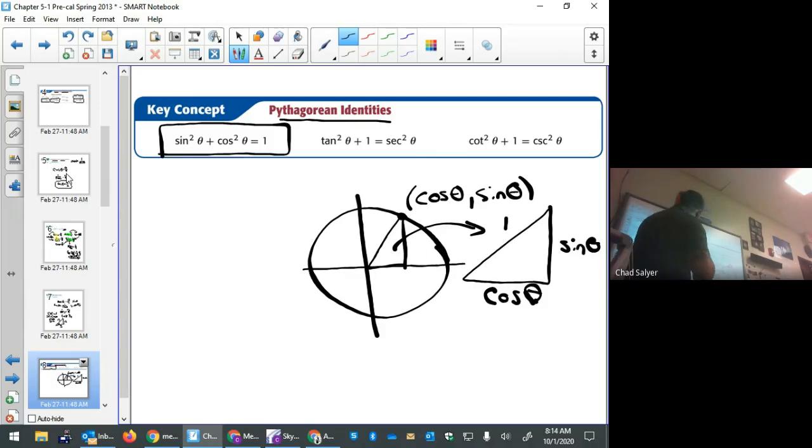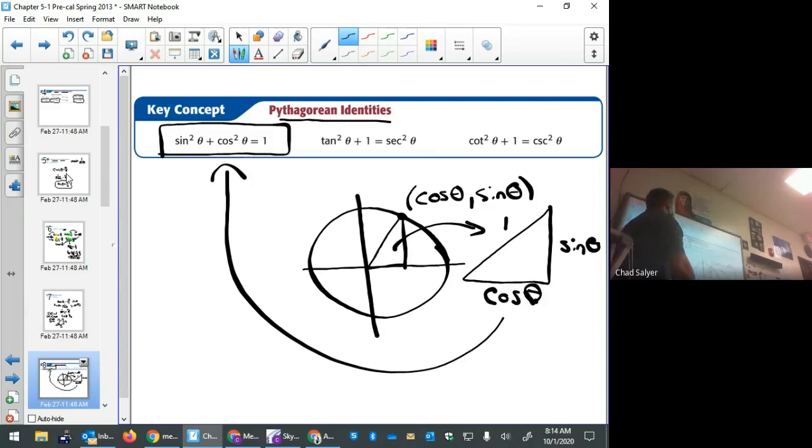So if I apply the Pythagorean theorem to that triangle, I get right here. These two are algebraic manipulations of this. So this is the fundamental idea in Pythagorean identities.